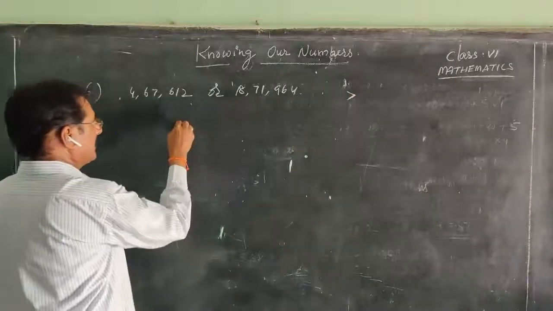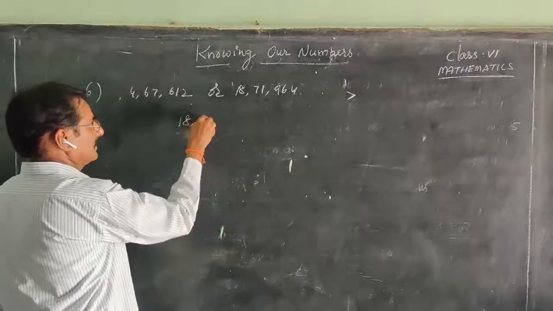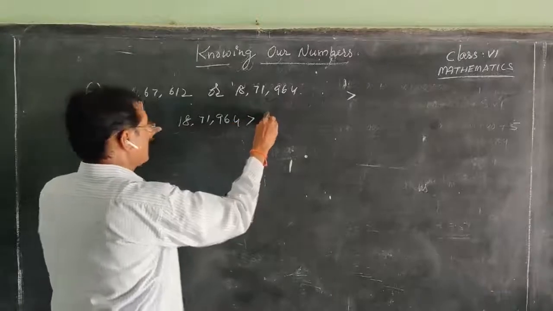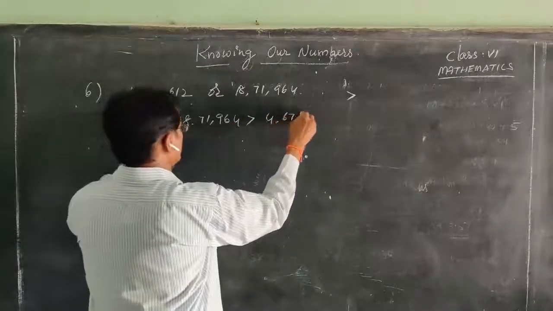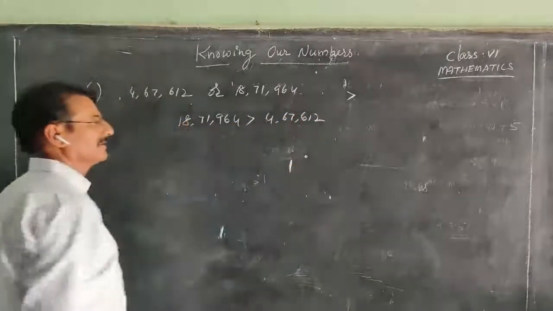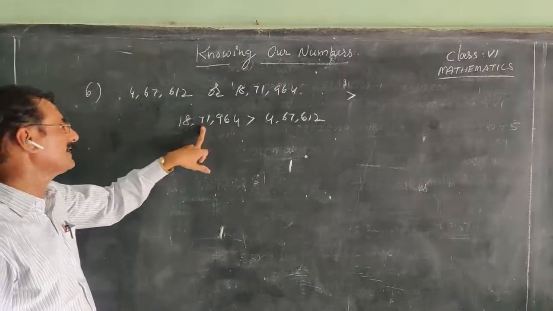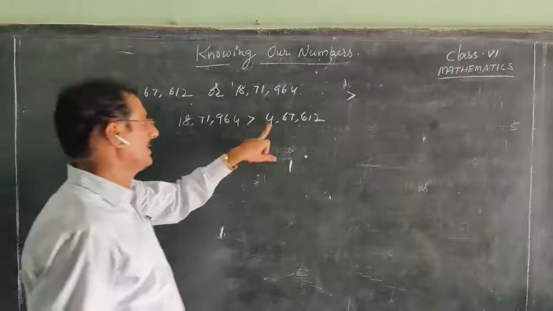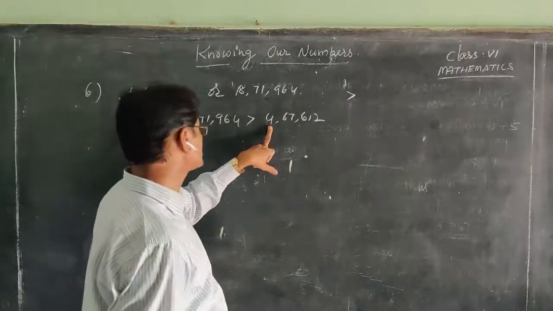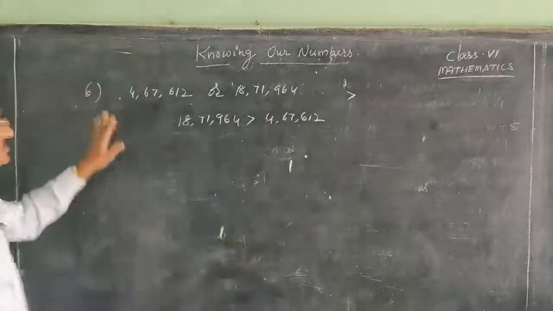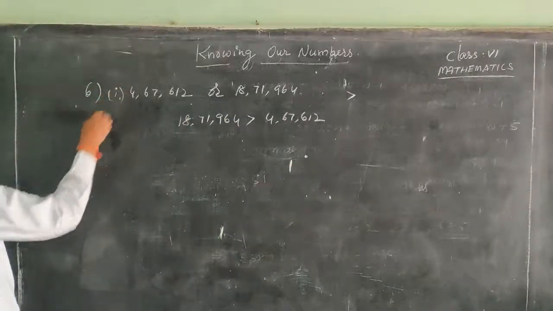First write the big number. It is 18 lakh 71,964. It is 4 lakh 67,604. So that is the first sum in the 6th Roman.